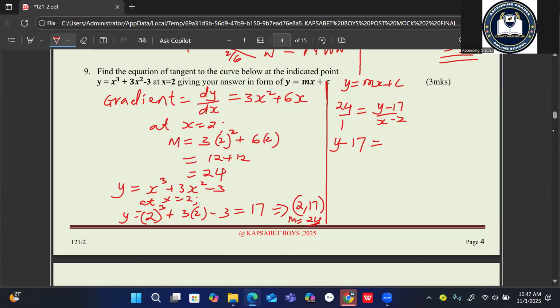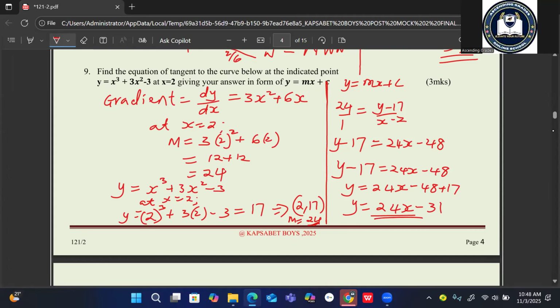So y minus 17 is equal to 24x minus 48. So y is equal to 24x minus 48 plus 17, which gives us y is equal to 24x minus 31. That is the equation of our straight line in the form y is equal to mx plus c.